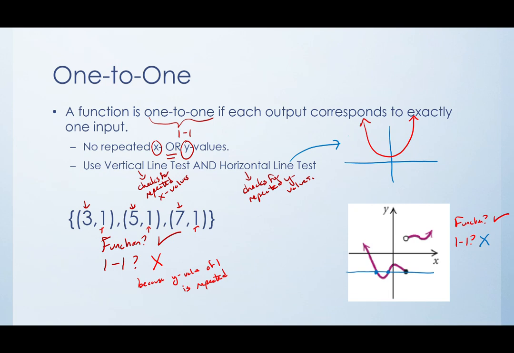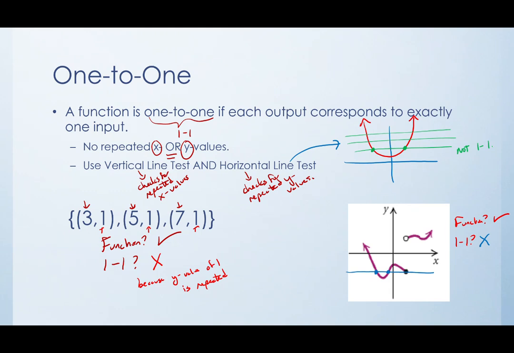But the horizontal line test, we're going to say, can I draw any horizontal line through this graph? And even one of them, if it's only one, not going to be one-to-one. So here, because each one of these is hitting the graph in two places, this is not one-to-one. And we're going to talk more about that later on in this chapter.